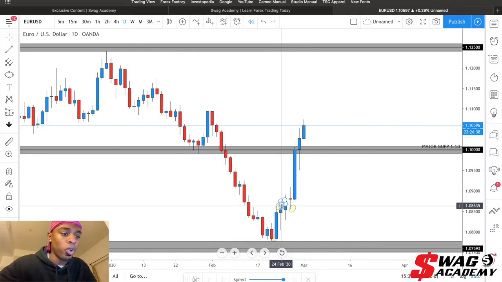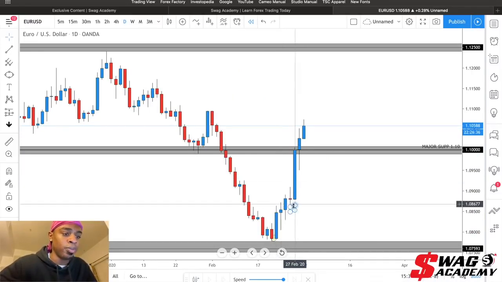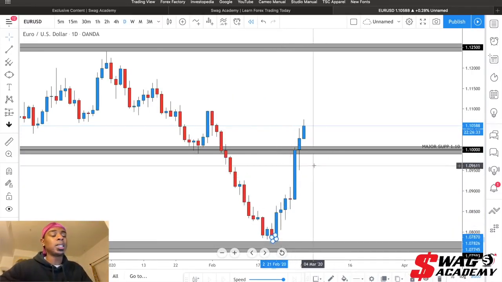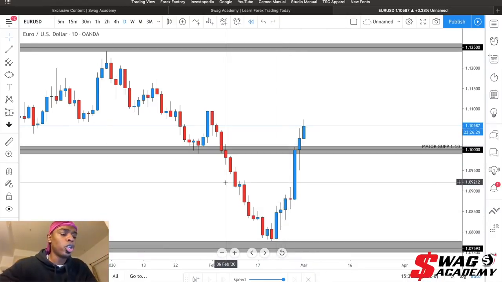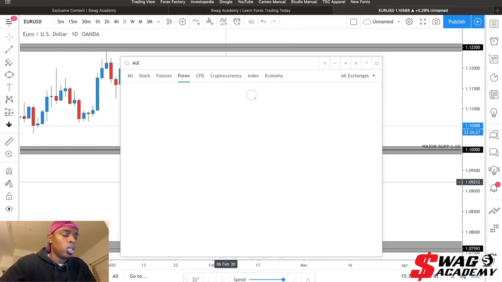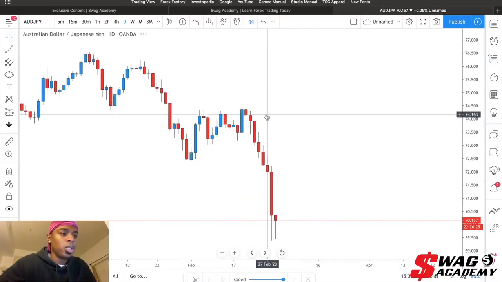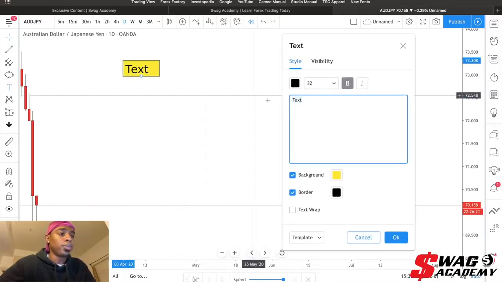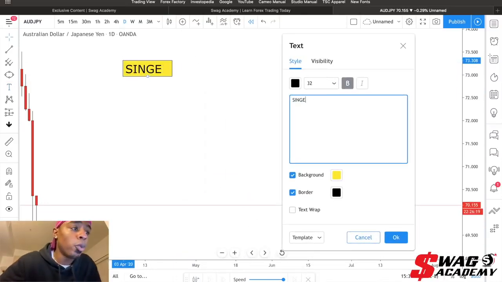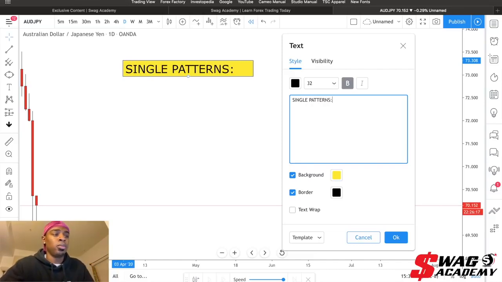I won't go over specific ones, but what I will do is tell you the names of them so you can look them up yourself, and I'll look them up on Google with you as well. You should know these names. Let me go on a random pair. I don't really trade this one. Let's just write the names down. Boom. So for single patterns, what you should know is what a doji is.